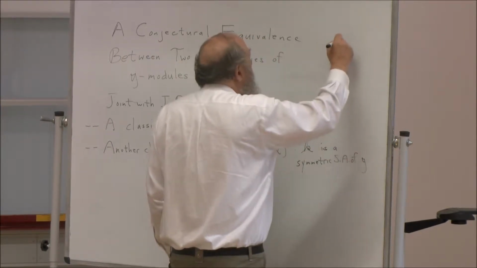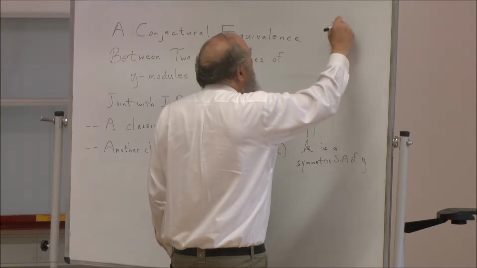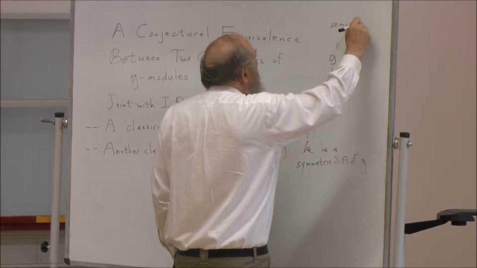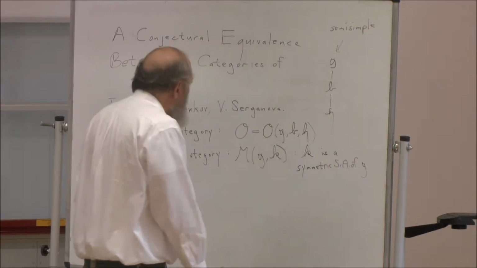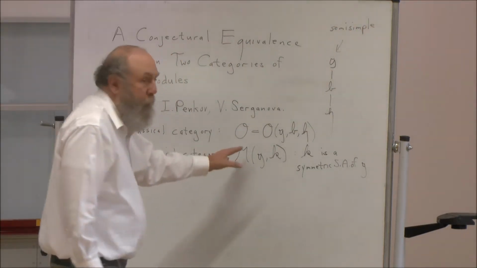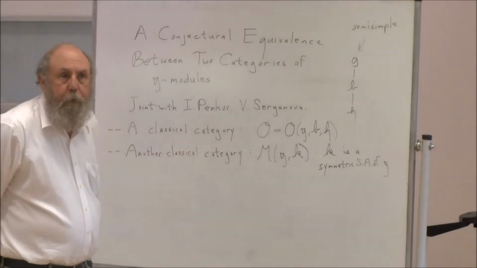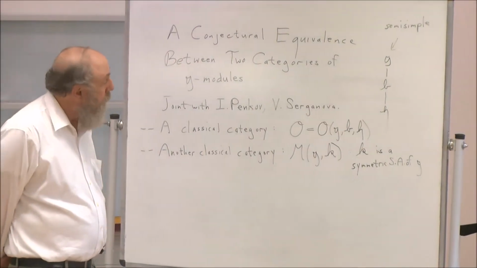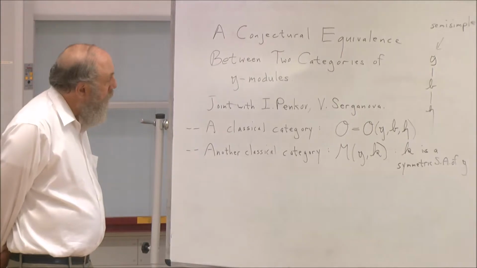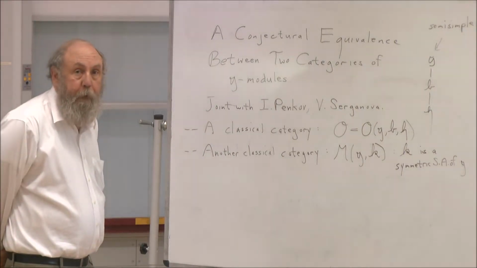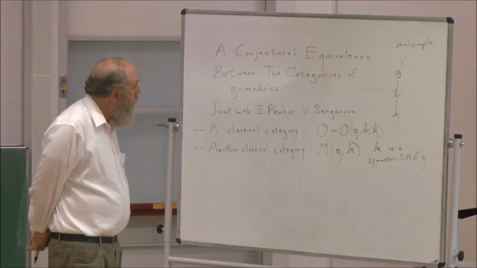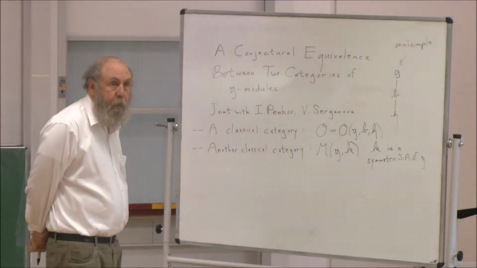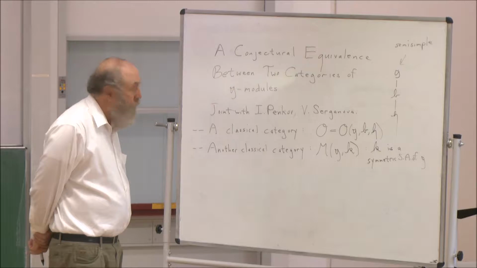So again, G is semi-simple. And for now, what I'll mean by this category is G modules which are locally finite with respect to K. I could impose further conditions, and I'll come back to that.